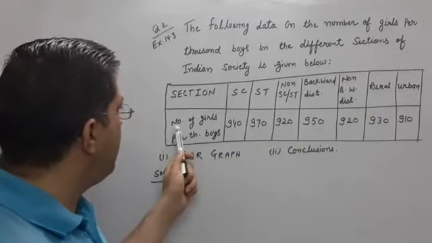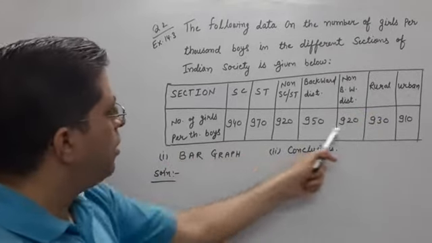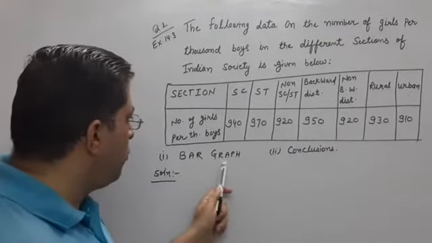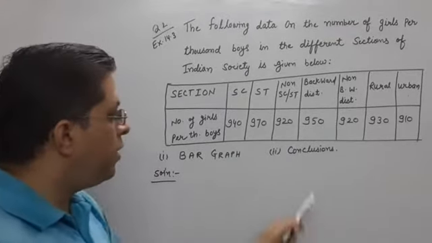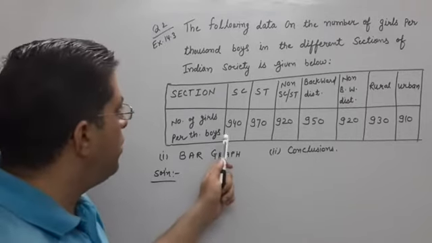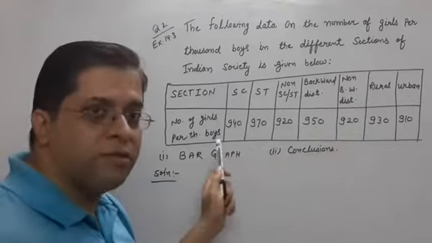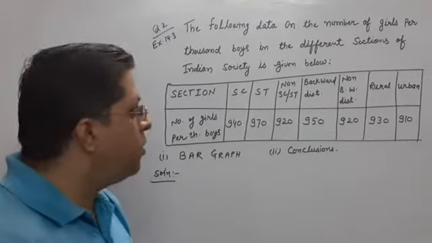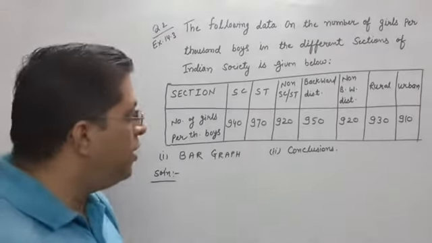Number of girls per 1,000 boys are given. Two things we have to find out. First we have to draw a bar graph, and at last we have to find the conclusion. Clearly you can see by the data, the rate per 1,000 boys is very less.